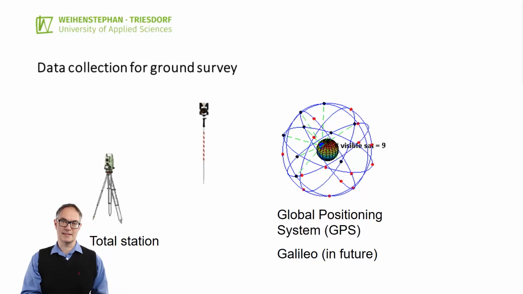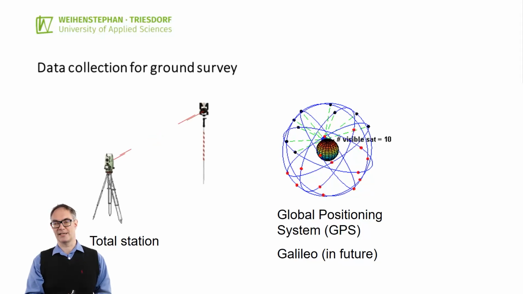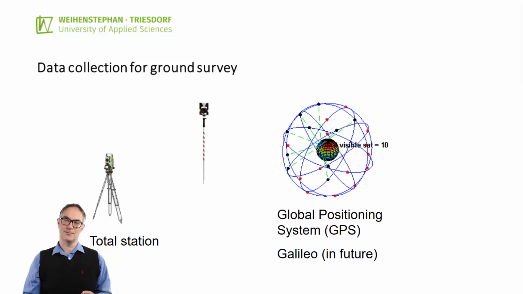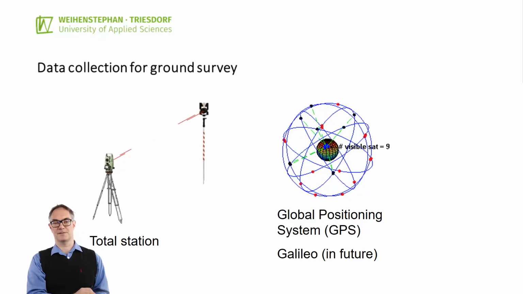Then another way is with a GPS, a global positioning system. We have satellites for the GPS system flying in orbit. And there are now new systems, for example, Galileo by the European Union. And with these satellites, we can calculate our position and elevation.